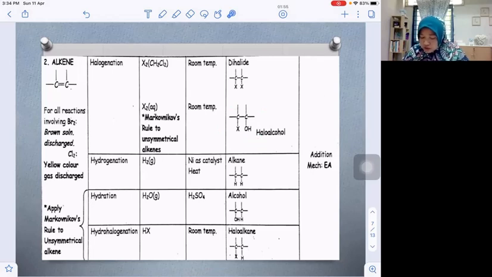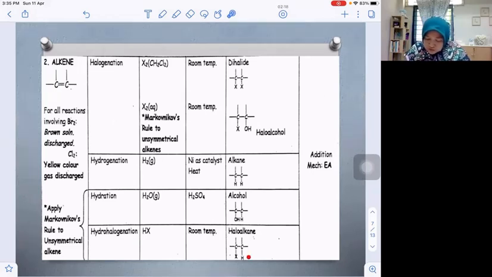Hydrogenation of the alkene gives an alkane. A hydration reaction with H2O gives an alcohol. The fourth one, hydrohalogenation, gives a haloalkane.